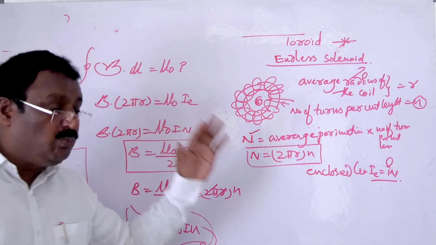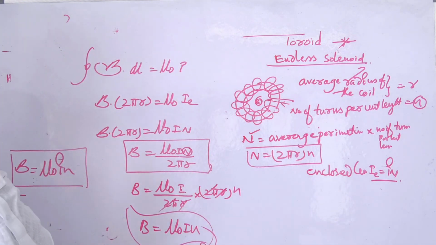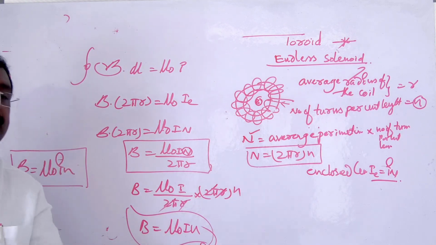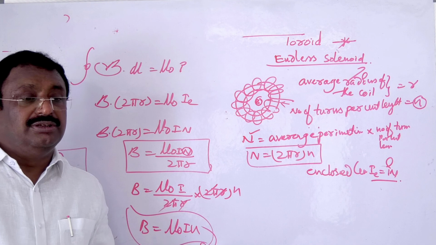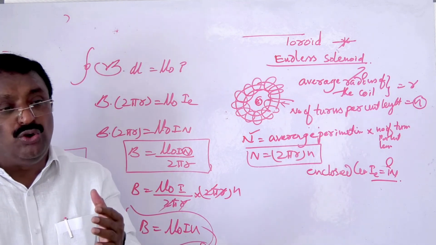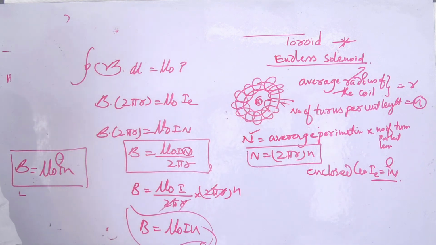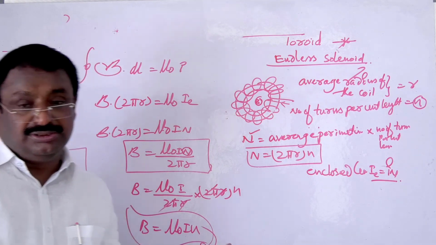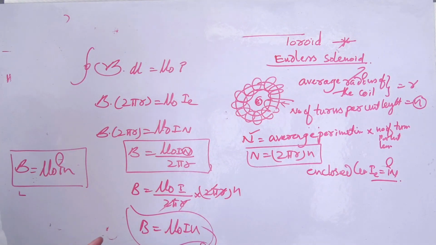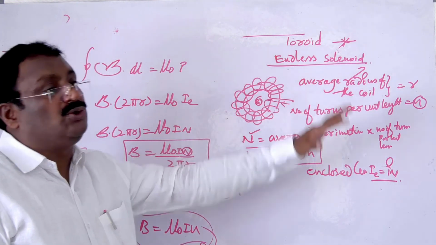Because of these three advantages, we are widely using toroids in various purposes. Especially in power supplies, in step up and step down circuits, in televisions, computers, laptops, audio systems, everywhere to produce magnetic field. Nowadays, we are widely using toroids.